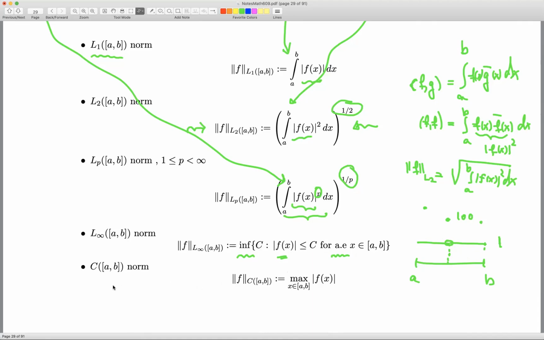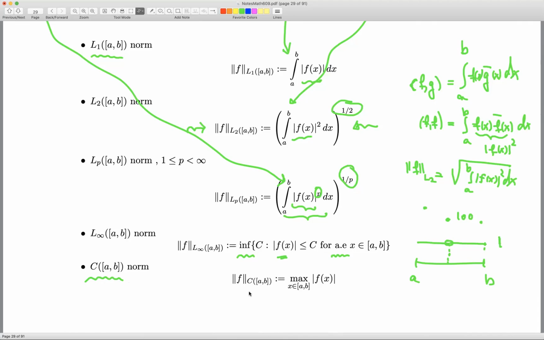Maybe this will be visualized with the C of AB norm, which is the following. We know that if a function is continuous and defined on a closed interval, then this function attains its minimum and maximum value.